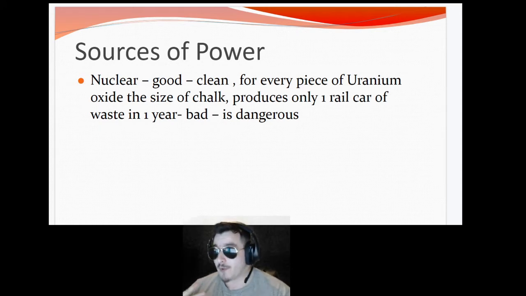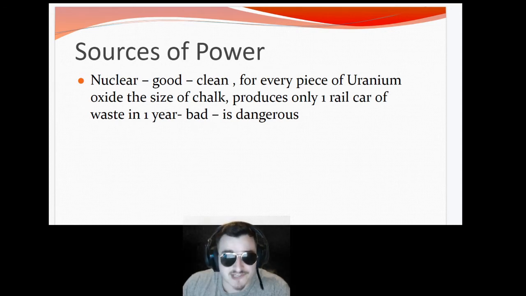However, the waste that it does produce is very dangerous, very spooky. And so what they do is they form these little concrete bunkers or steel chambers just below the surface, or several feet below the surface of the earth, and bury it there essentially. And it must stay locked away for thousands of years potentially. But once it's done with that, it's done.